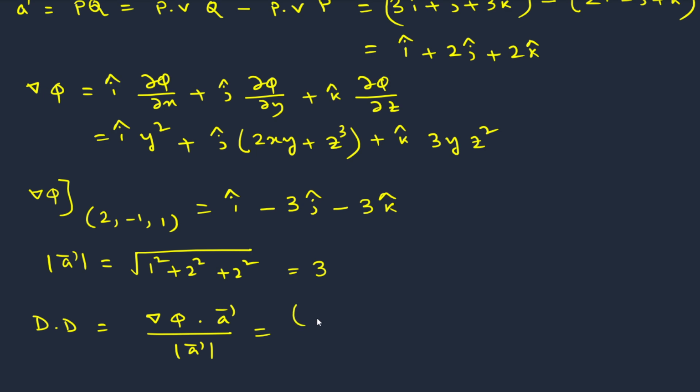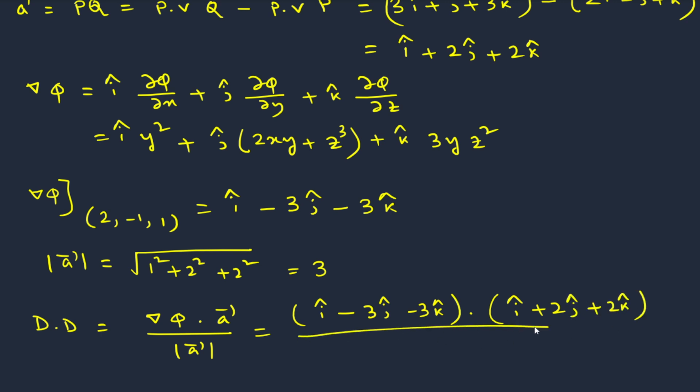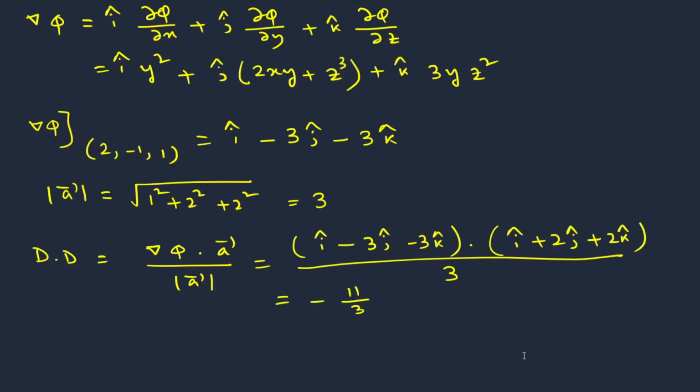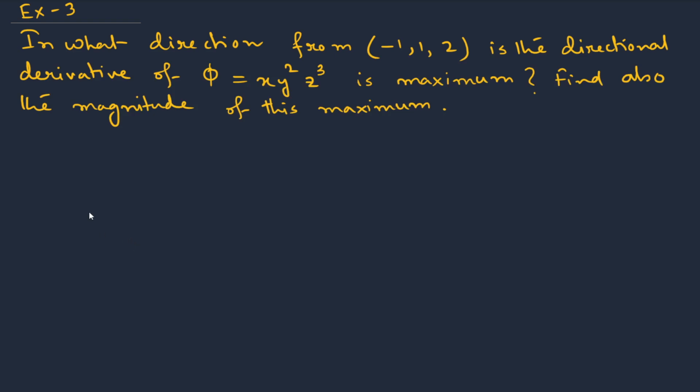So nabla phi is i cap minus 3 j cap minus 3 k cap, dot a bar, which is i cap plus 2 j cap plus 2 k cap, whole thing divided by 3. So after calculation you will get minus 11 by 3. Okay, this will be the answer. So all the problems are very simple. If you understand the first problem, then by seeing the next question you can try yourself first. Then if you don't understand, you check the video.